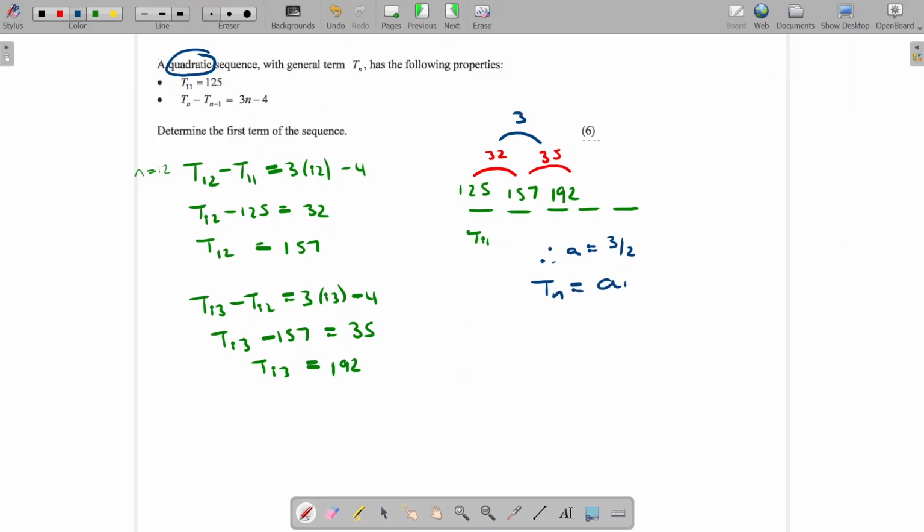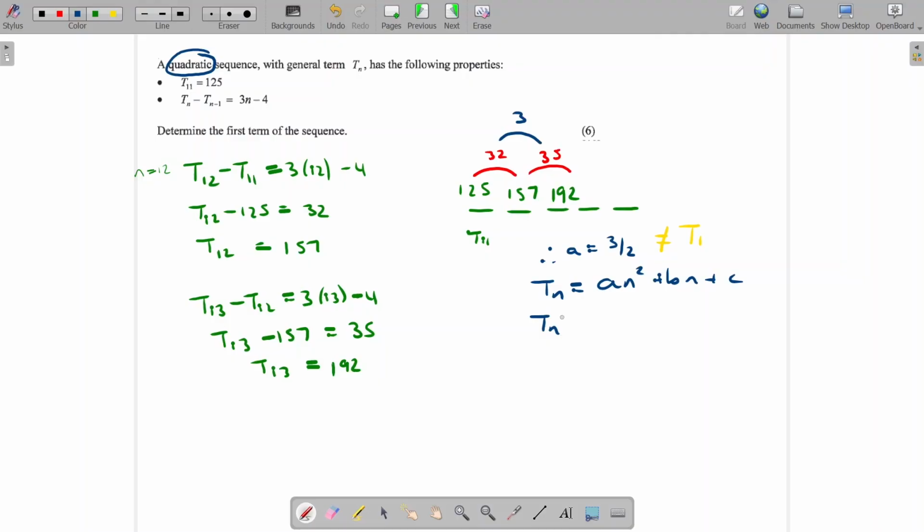This is the a value of the quadratic formula, Tn equals an squared plus bn plus c. This a here does not equal the first term. And that's partly why they're doing this. They're trying to see if you are aware of the notational change where a used to be the coefficient of the n squared, and now a is the first term.